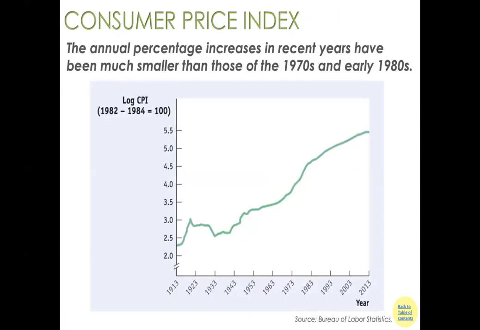Now, you may be wondering, how does the CPI change over time? So this is how it looks for the US economy. Overall, it's increasing, but there's fluctuation. And typically, look at here, this is declining. This is during the Great Depression, right?